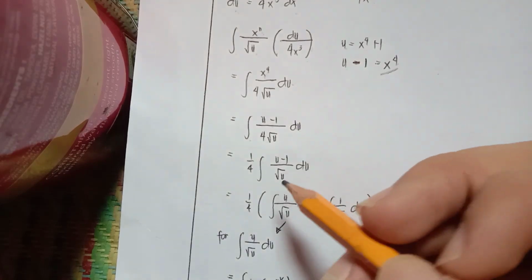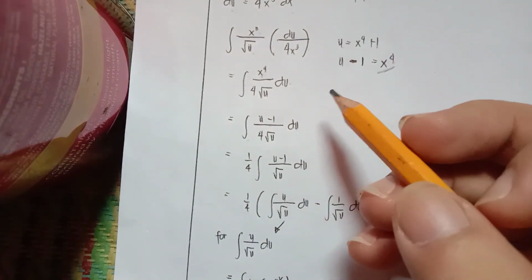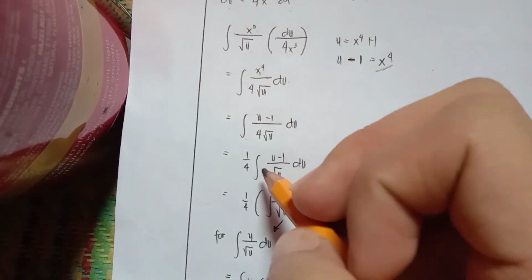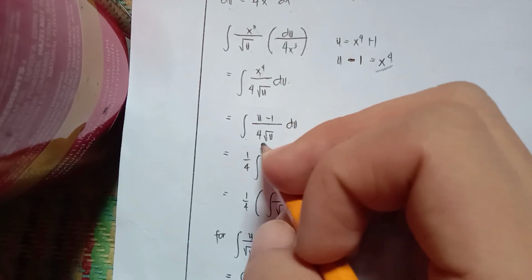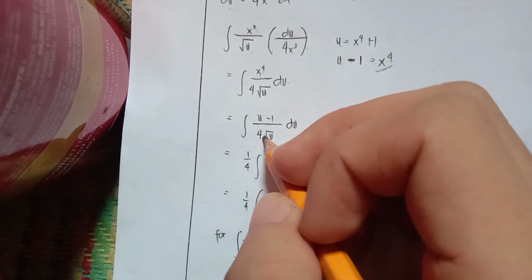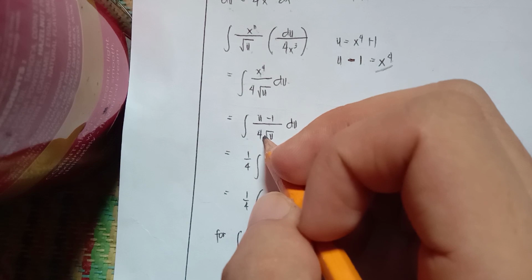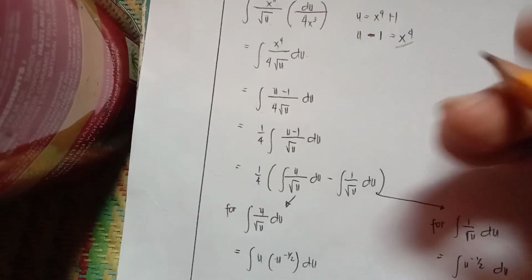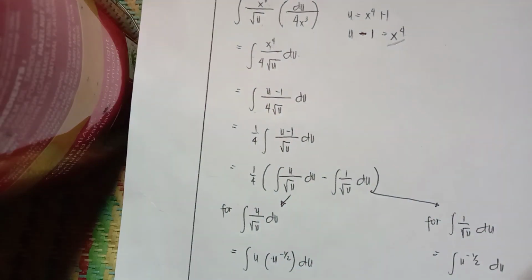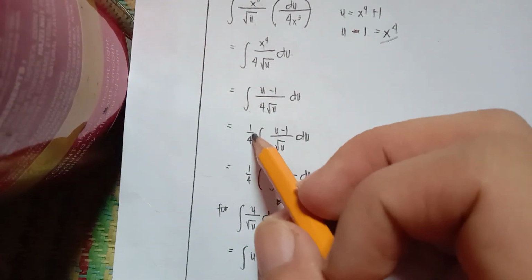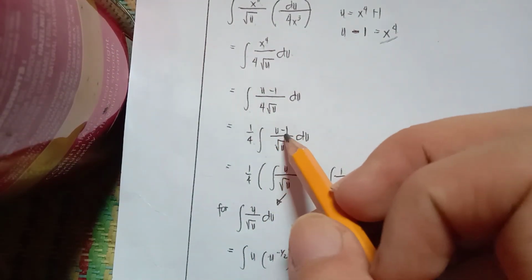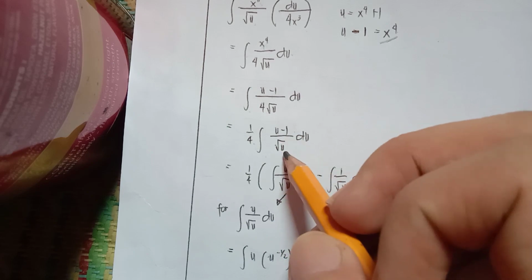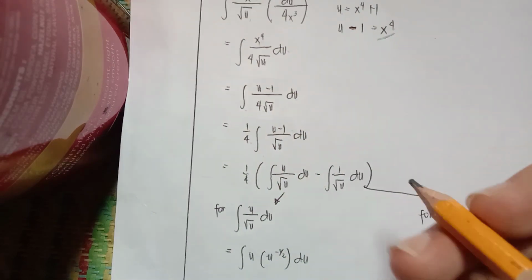Since constant yung 4, so ilagay, since whole yung 1/4 natin, so ilipat natin yung 1/4. Is equals now to 1/4 the integral of u minus 1 over the square root of u du.